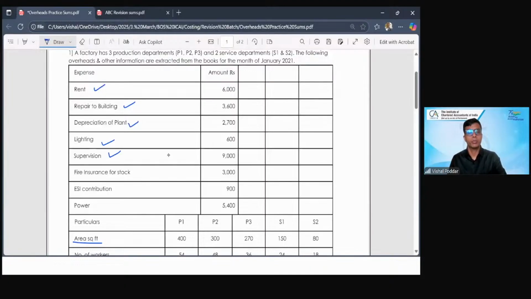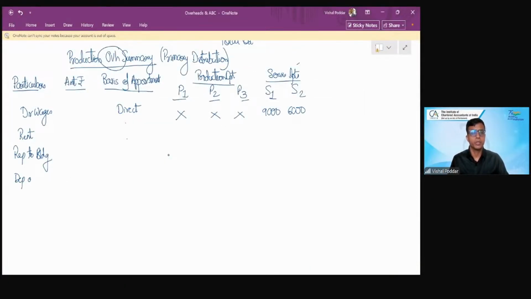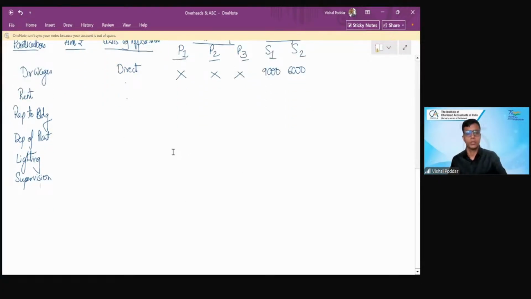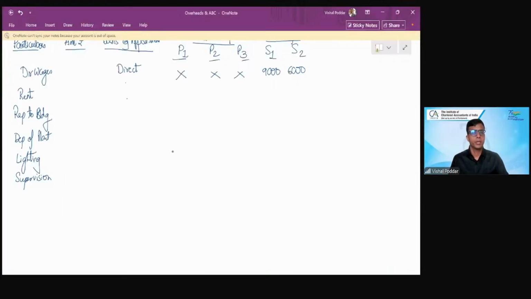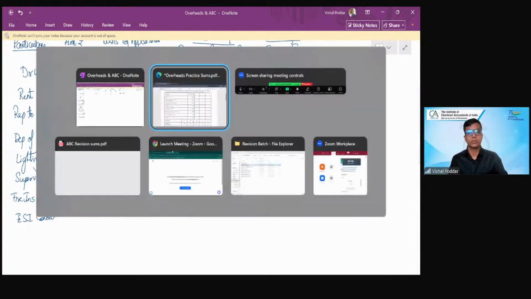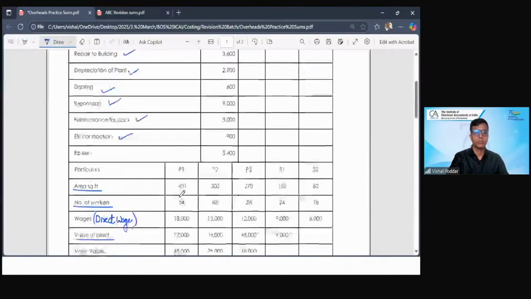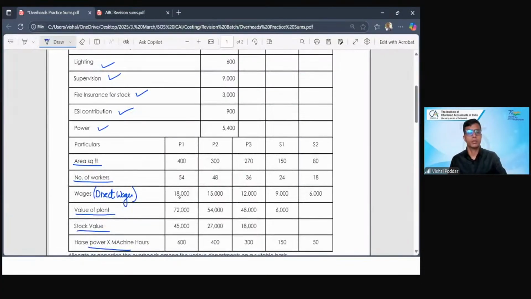Depreciation, plant, lighting, supervision, fire insurance of stock, ESI contribution. And last is power.